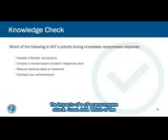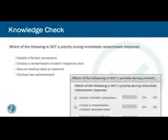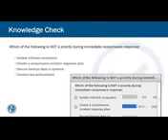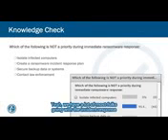Great job. Which of the following is not a priority during immediate ransomware response? Isolate infected computers, create a ransomware incident response plan, secure backup data or systems, and contacting law enforcement. We have most folks going with the incident response plan, some folks with law enforcement.